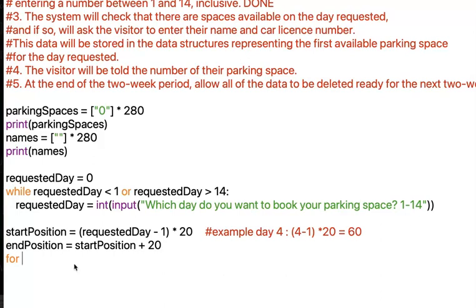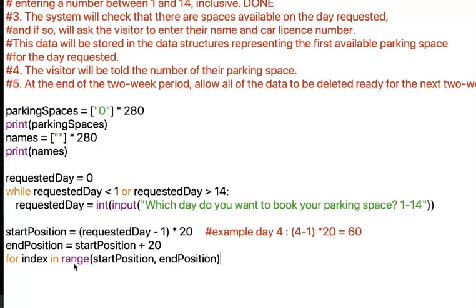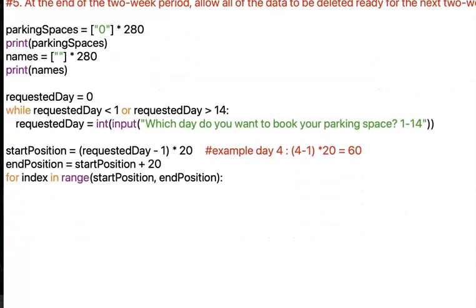So this is what we're going to do then. In our for loop, we do for index in range, and we use start position and then end position, and then that is how we search through for a space.